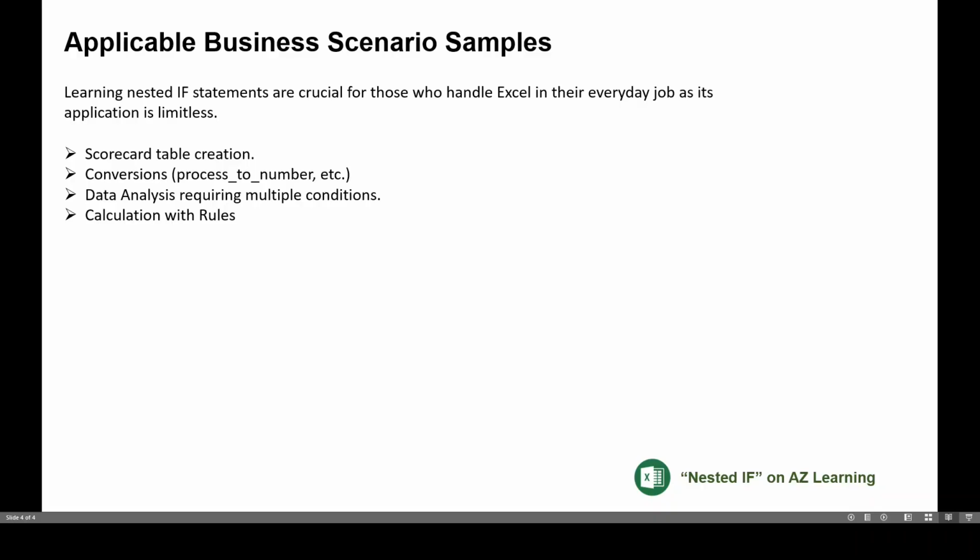Sometimes if you are not a data analyst or if you're just a simple operations guy, you can use it to convert from processes to numbers and anything. For data analysis that requires multiple conditions, not only with scorecards, and of course, if you need to calculate things in Excel that has to apply with some rules based on the process that you're working with. So without further ado, we'll jump in to our Excel and we'll get started.